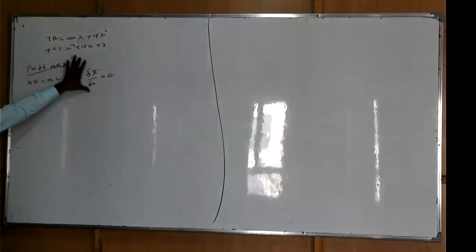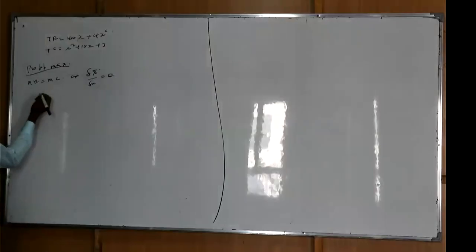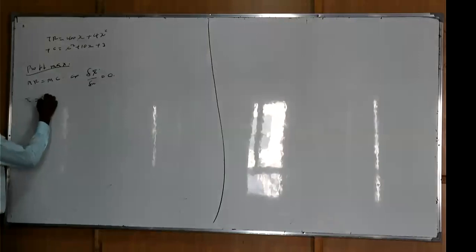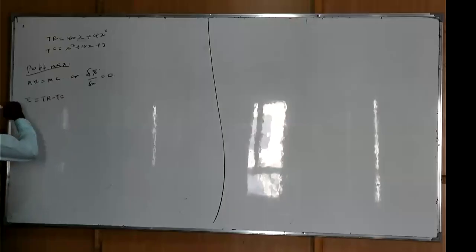So this time, let us use the second one. First we have to get the profit function. So profit, you take the total revenue, you less total cost, isn't it? Profit is equal to total revenue minus total cost.